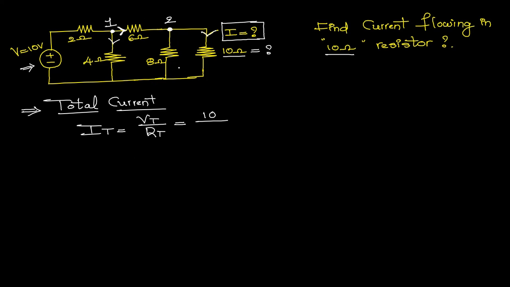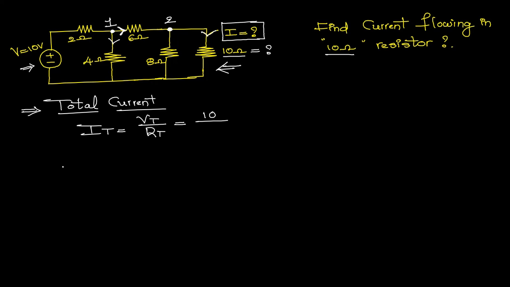Whenever we calculate the total resistance in the given circuit, first we need to identify whether the source is connected on the left side or the right side. If the source is connected on the left side, we need to get the resultant resistance by always starting from the right side. See here, 8 ohms and 10 ohms are both connected in parallel.